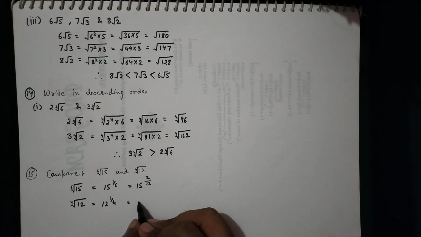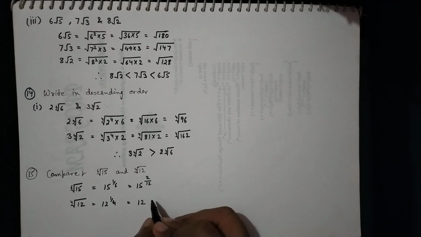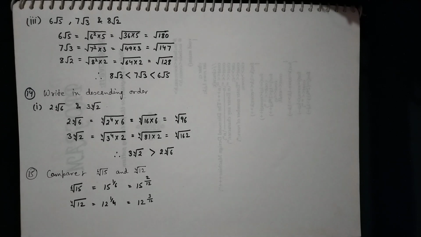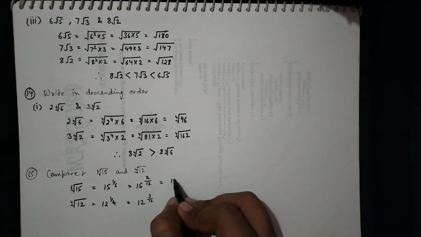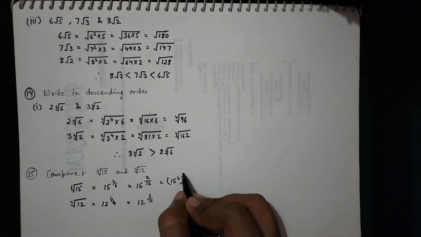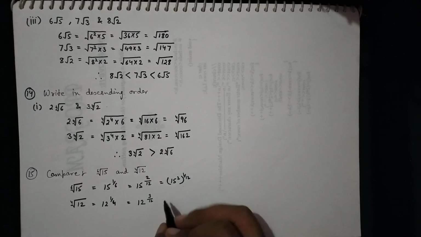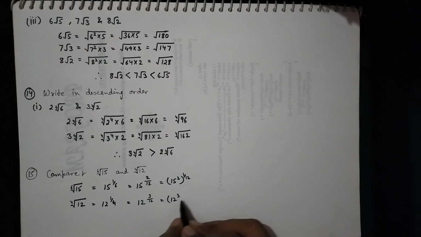Now over here this will be 12, and in the base we are writing 12. So in the top we will be writing 3, because 3 and 12 will be solved to get 1 by 4. Now here we can write this one as 15 to the power 2 whole to the power 1 by 12, and similarly here 12 cube whole to the power 1 by 12.